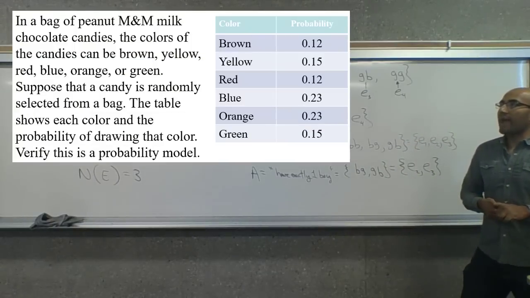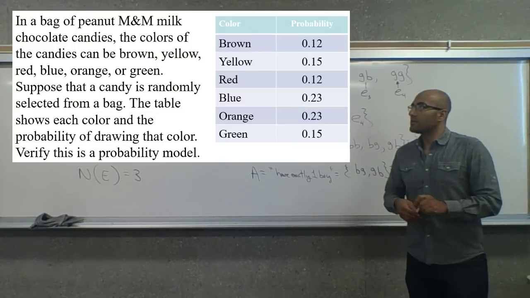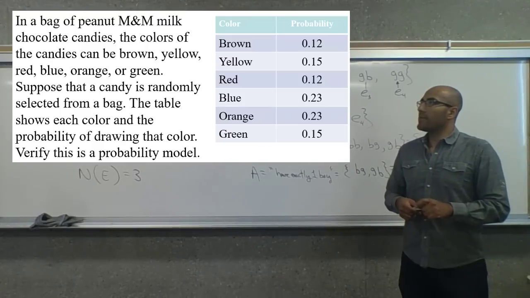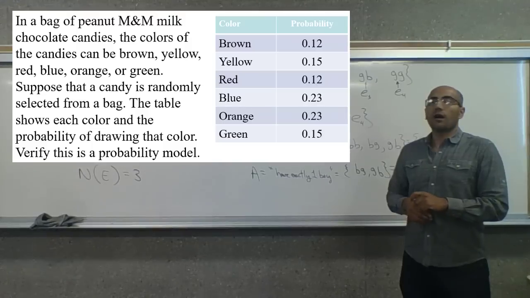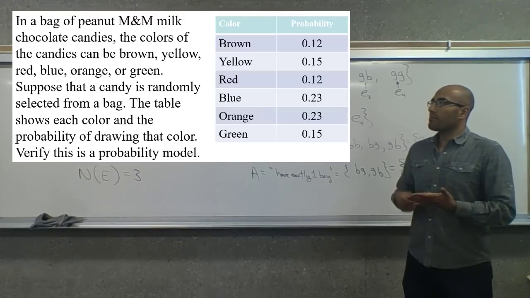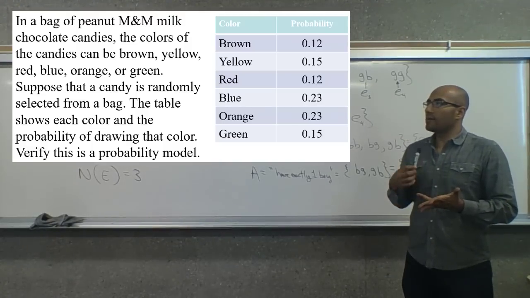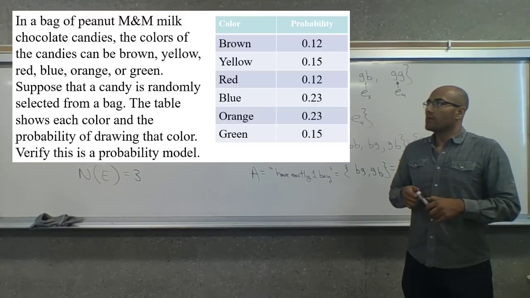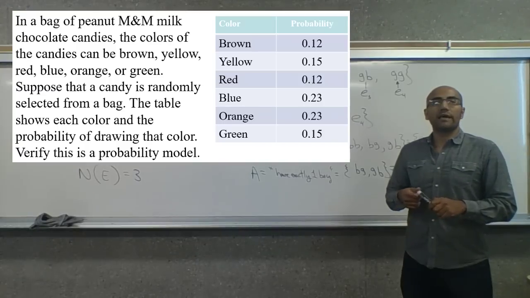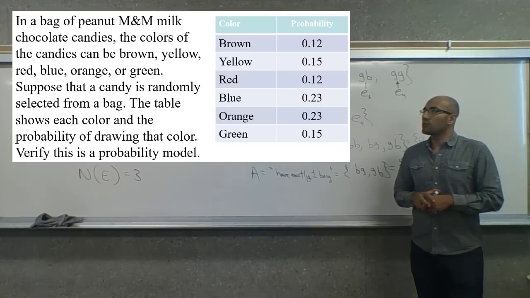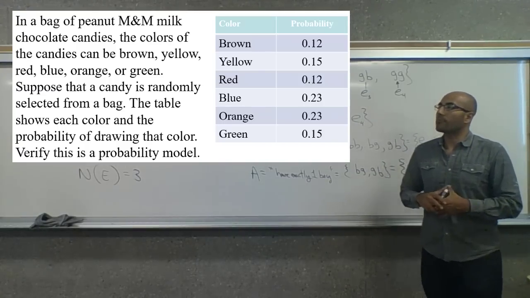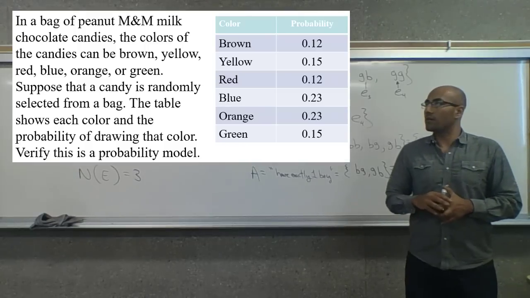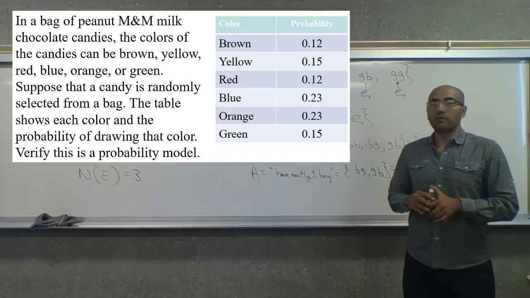Let's say we have a bag of peanut M&M milk chocolate candies. The colors of the candies can be brown, yellow, red, blue, orange, or green. Suppose that a candy is randomly selected from a bag. The table shows each color and the probability of drawing that color. Verify that this is a probability model.